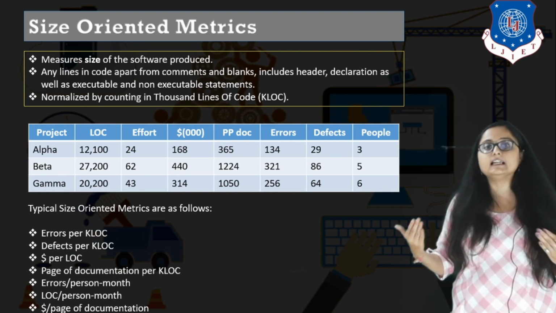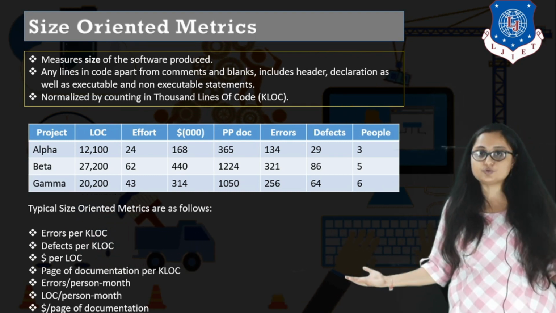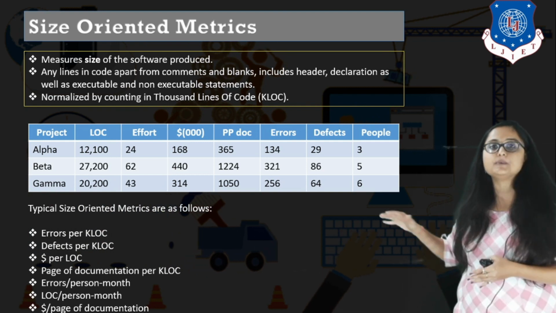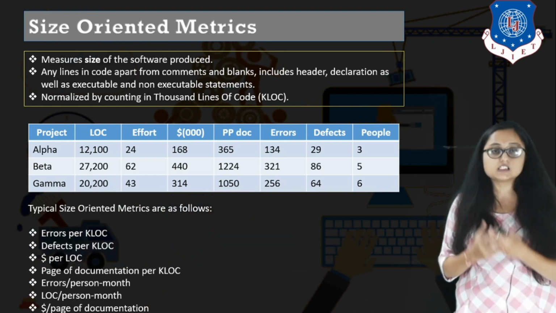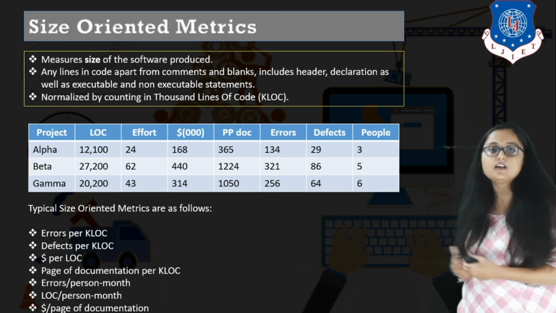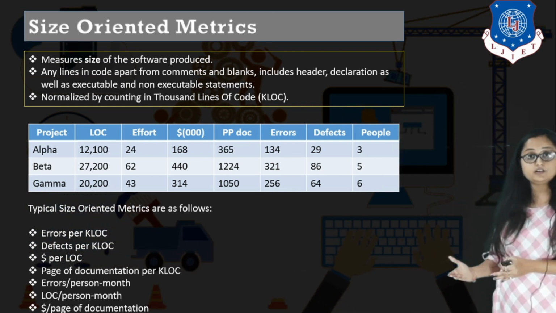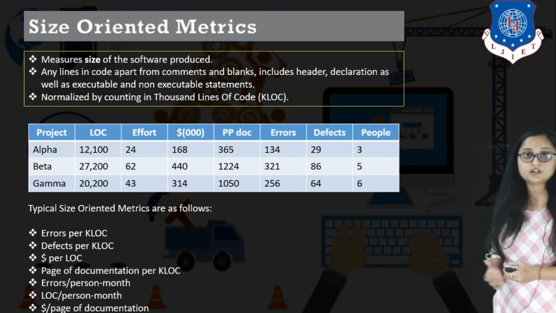Every metric indicates some sort of attribute, whether in a good way or in a bad way, that is decided based on the metric value, that is a numeric value in size oriented metric, right? So this was all about the direct metric, which is size oriented metric.